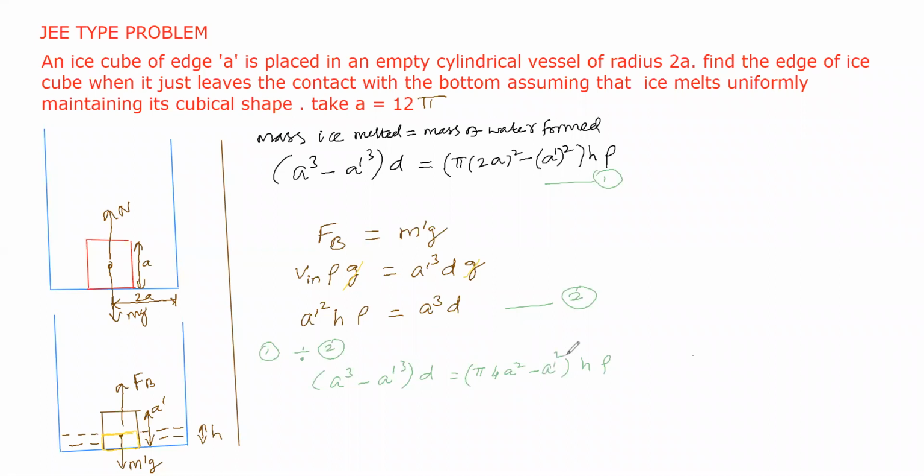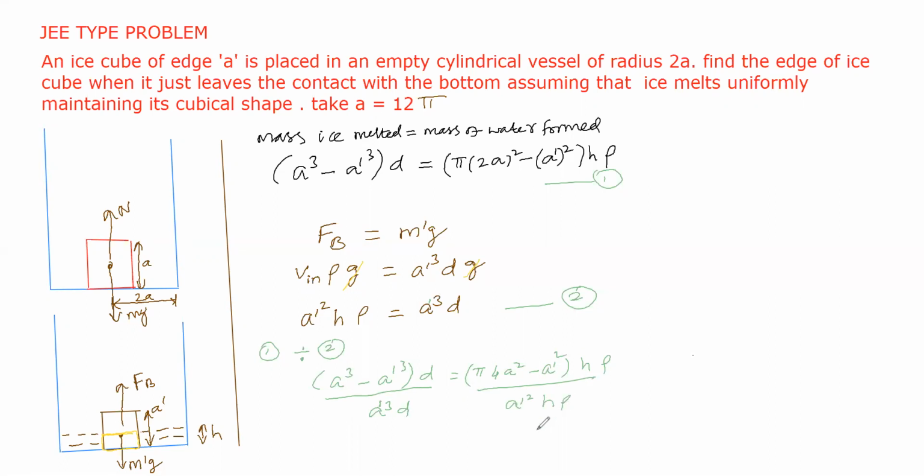Now we have to divide the equation 1 we have written by equation 2. Equation 2 is a dash cube into d, divided by a dash square into h into rho.